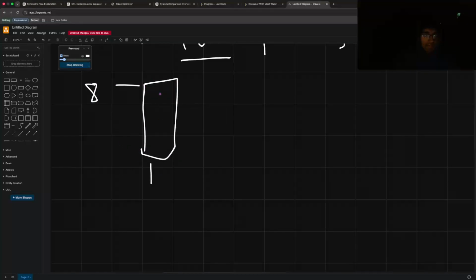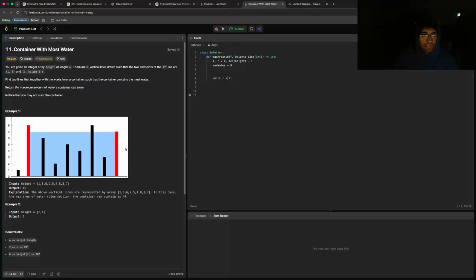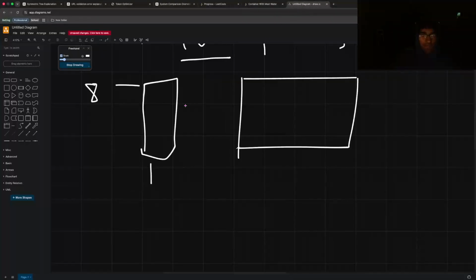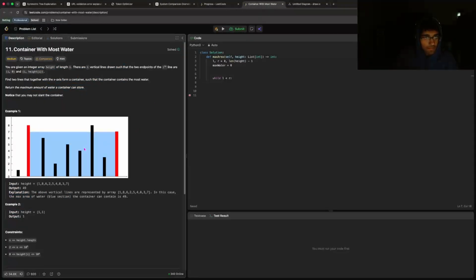You can't just have this, because this is not 1 times 8. This is nothing. In a container, this is technically one side of the wall. You need these two values to have a closed area. This will hold the water. This won't hold the water. This will just be one wall of the thing that can hold the water, right?